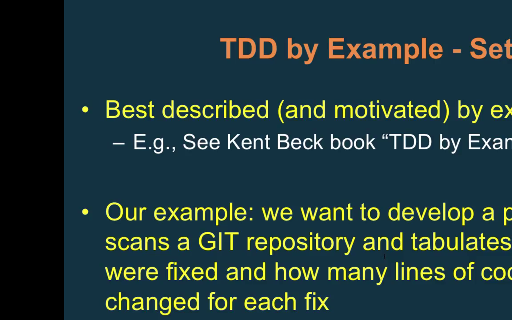Okay, so I'll call this system Bugaton. And it's actually going to be about a 100-line program at the end of the day. I broke the development into 26 snapshots, which are all described in this document, and I will show them to you.